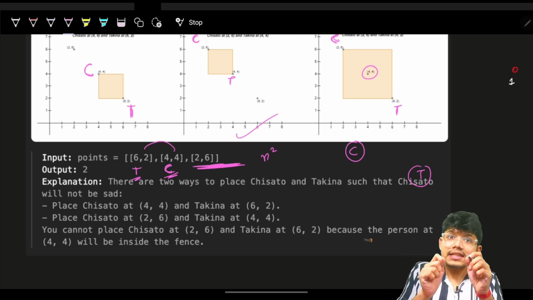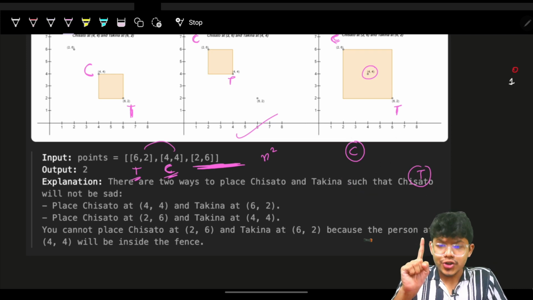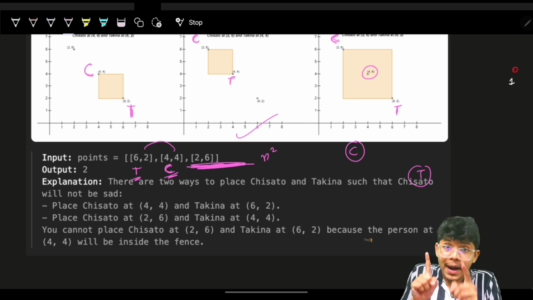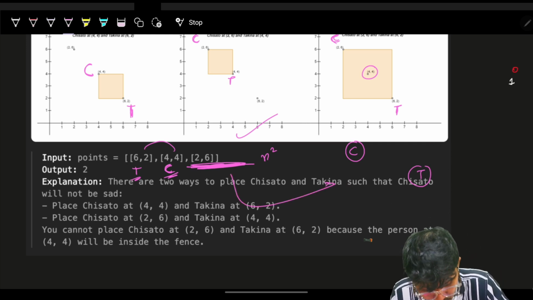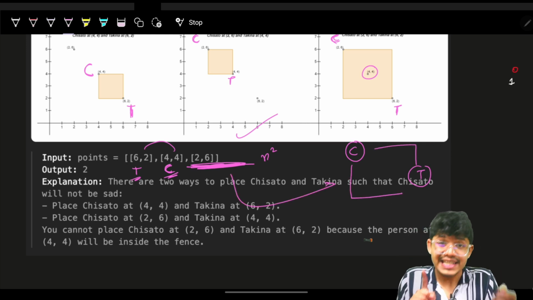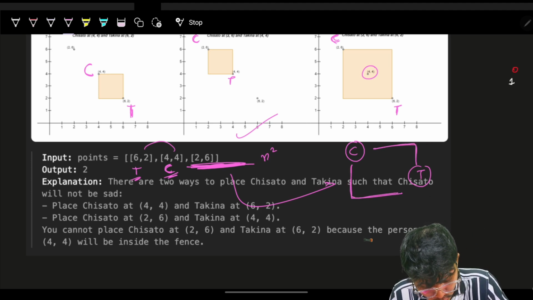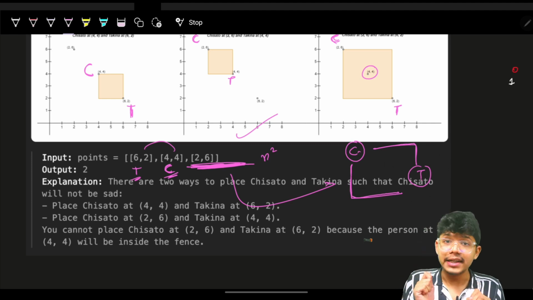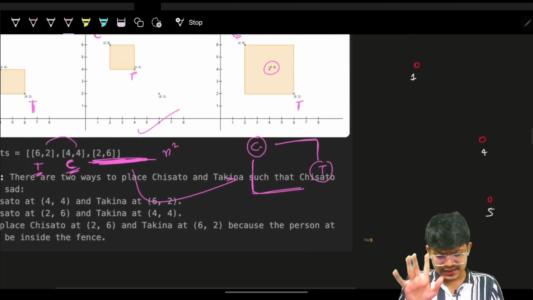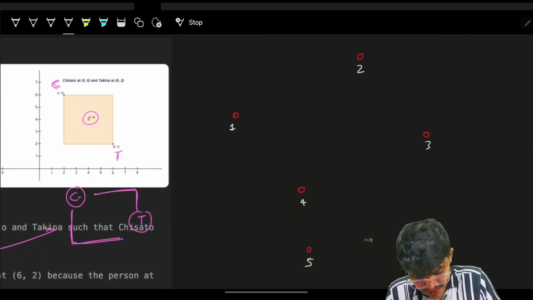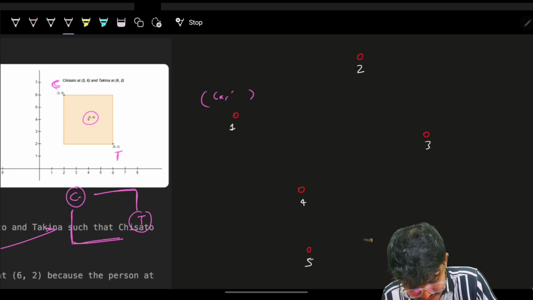Now when this is the case, just make sure that all the other points apart from C and T are not lying inside or on the perimeter of my C and T. So how to do it? As simple as that. Let's imagine you have this point as CX, CY.